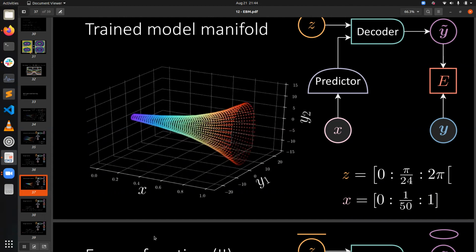But that's where I get lost with this example a little bit. A lot of it makes sense, but where I miss out, and I need to dive into his lecture to see what I'm missing, is that here the predictor from X and the Z come independently into the decoder.